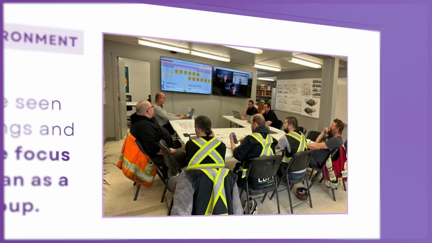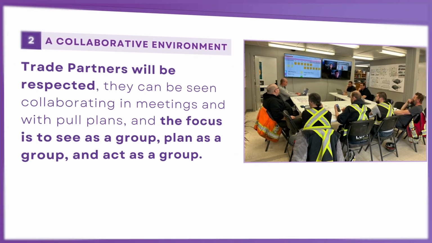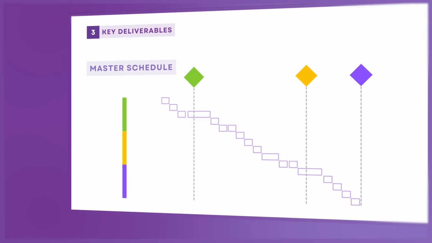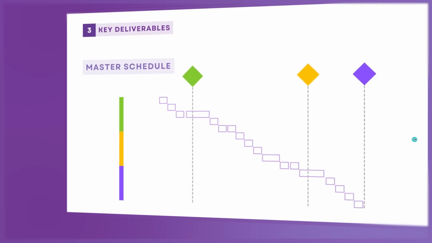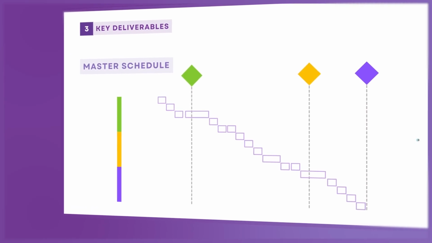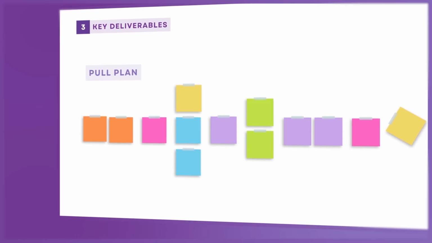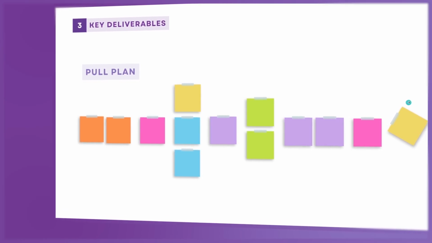And then another thing is that you'll notice that trades are respected. It's a collaborative environment where the trades are actually participating in the system, and you'll notice that you have key deliverables. So in the Last Planner system, you'll have a master schedule which controls your milestones. You will also have key deliverables such as pull plans which coordinate the sequence up to one of those milestones.